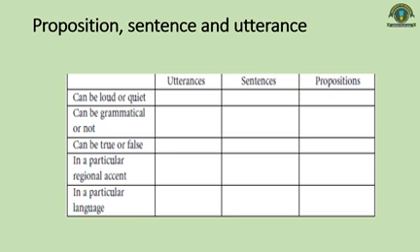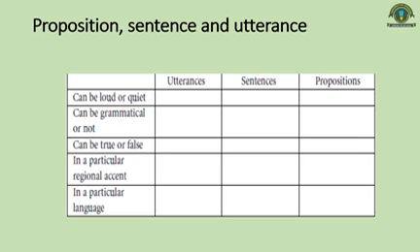Now, can be loud or quiet. An utterance, yes, we will put the plus sign here, since an utterance can be loud or quiet. If we talk about a sentence being loud or quiet, we will say no, so we will put a minus sign. The same will be the case for propositions. We'll also put a minus sign in this one.